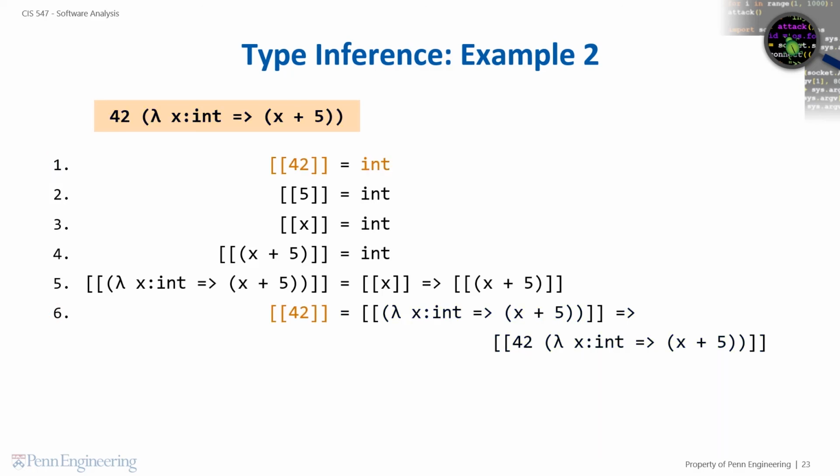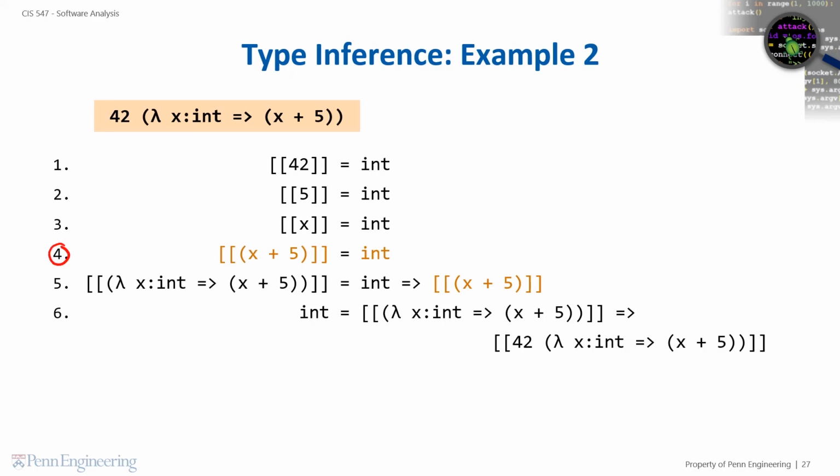First, we select constraint 1 and substitute int for type of 42 in constraint 6 to obtain this. Similarly, we select constraint 3 for substitution in constraint 5 to obtain this. Next, we select constraint 4 for substitution.